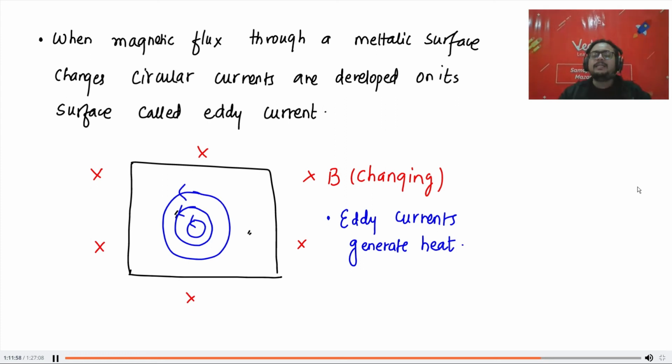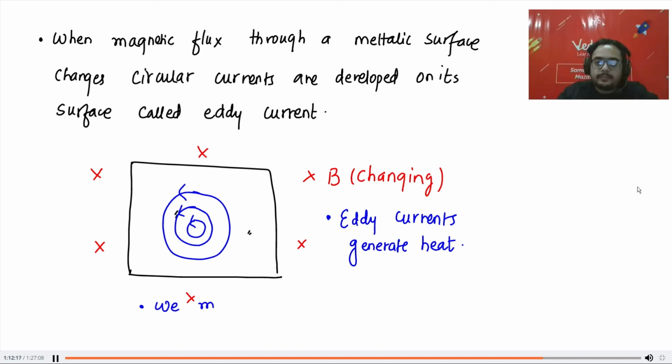So if these are generating heat, what do you want? Will you want to minimize eddy current or maximize eddy current? Yes, we will try to minimize it because we want to minimize heat loss.